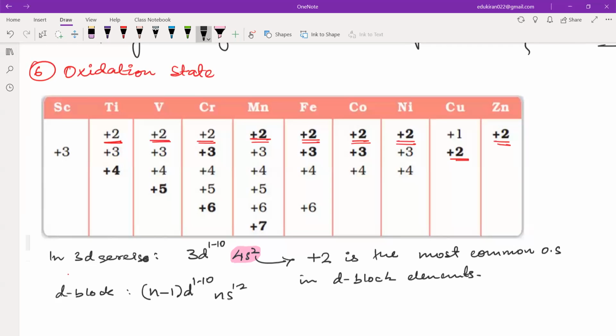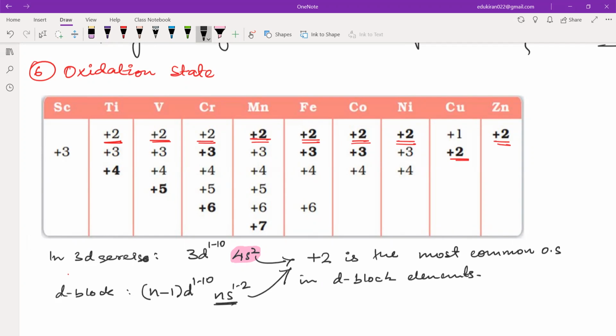Since the s subshell generally has 2 electrons in D block elements, +2 is the most common oxidation state. Most of the elements have ns2 configuration. This is clear? Why it is +2?